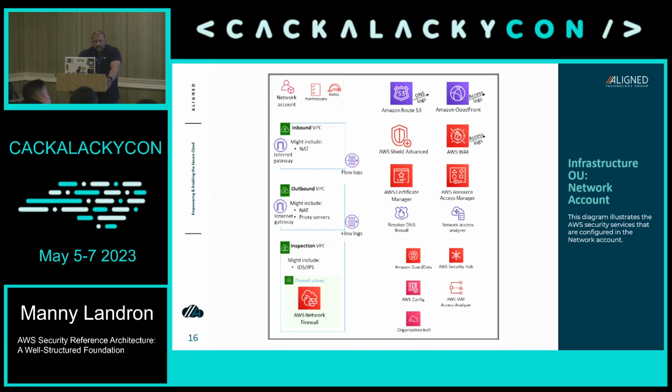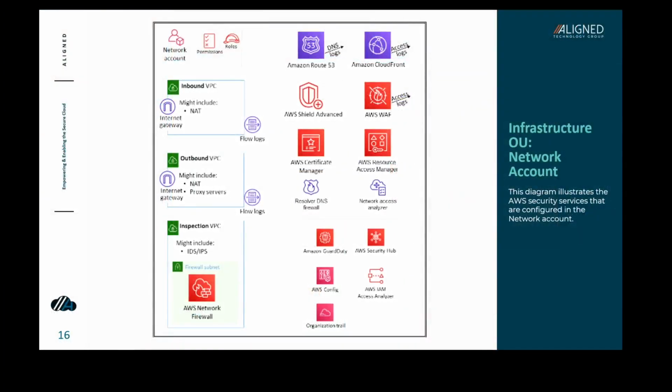So this basically acts as a gateway. A lot of organizations will expose their front-end workloads to the internet, not realizing that they could use a network account to basically control all inbound and filter all inbound and outbound traffic, right?